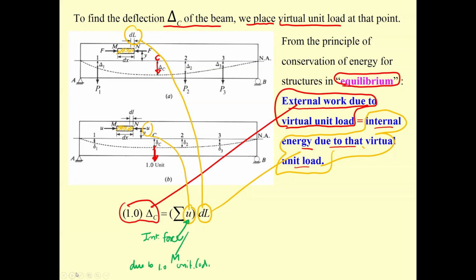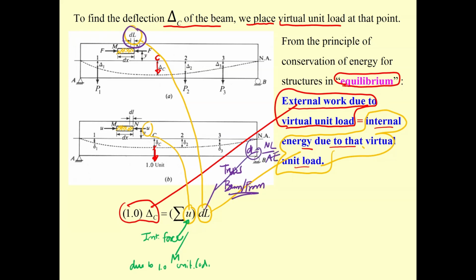And you are required to determine the real deformation. That again depends on whether it is a truss or a beam and frame. For the truss, dL is going to be NL over AE.